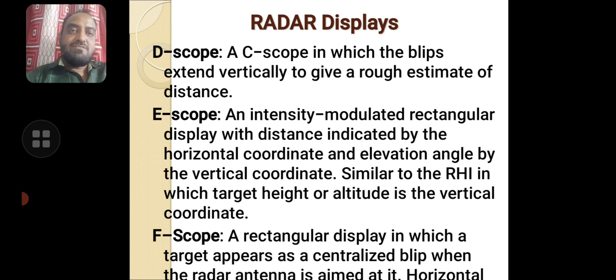Coming to another version, which is E-scope, an intensity modulated rectangular display with the distance indicated by the horizontal coordinate and elevation angle by the vertical coordinate. That means horizontal is range, and vertical is elevation. Similar to the RHI, the target height or altitude is the vertical coordinate.